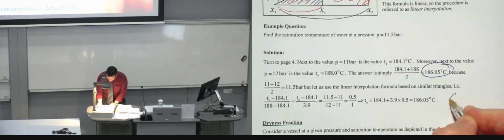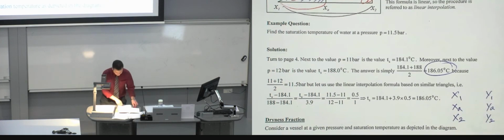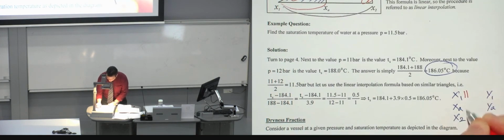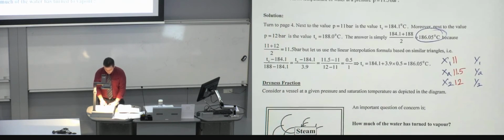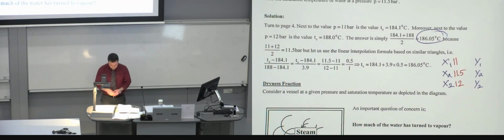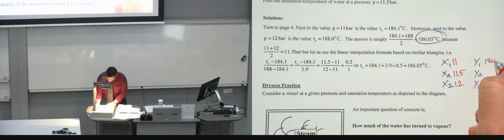Let me draw something here to make sense: x1, xa, x2, y1, ya, y2. In this case, x1 is 11, xa is 11.5, x2 is 12. y1 is the second column, 184.1, and y2 is going to be 188, and this is what I'm after.